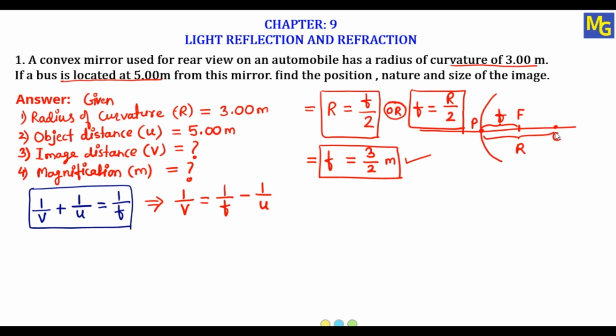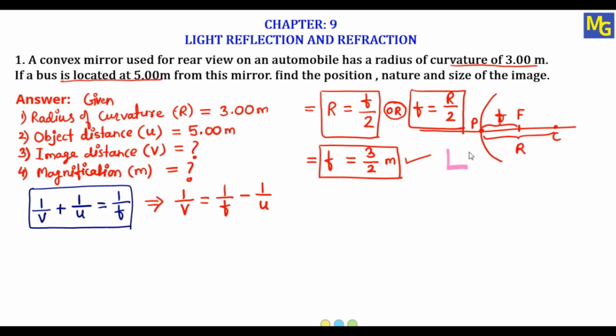Therefore this we have taken as positive. But whatever distance we measure on this side, those distances should be in the negative sign. I'll repeat once again: this is the left side, and this side is the right side. So on the right side of the mirror, all distances should be positive, and on the left side, all distances we measure should be negative.